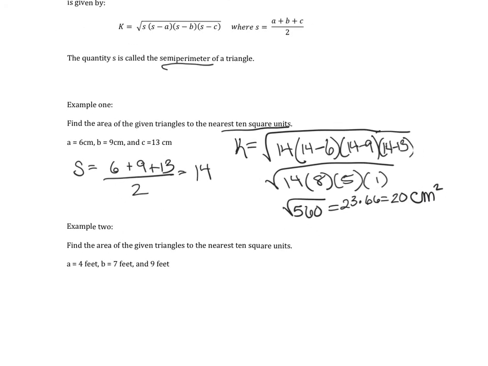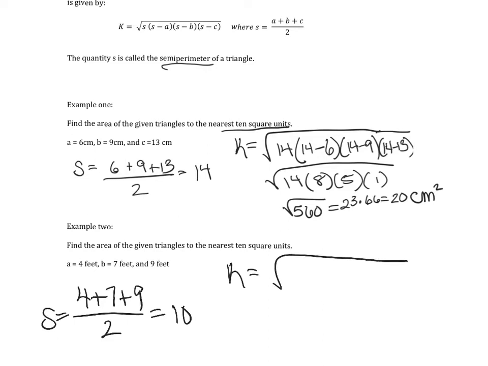So again, I'm going to take my 3 sides, add them up together, and divide by 2. That ends up being 10, because it'll be 20 on the top. So if S equals 10, we're just going to go right to our formula.